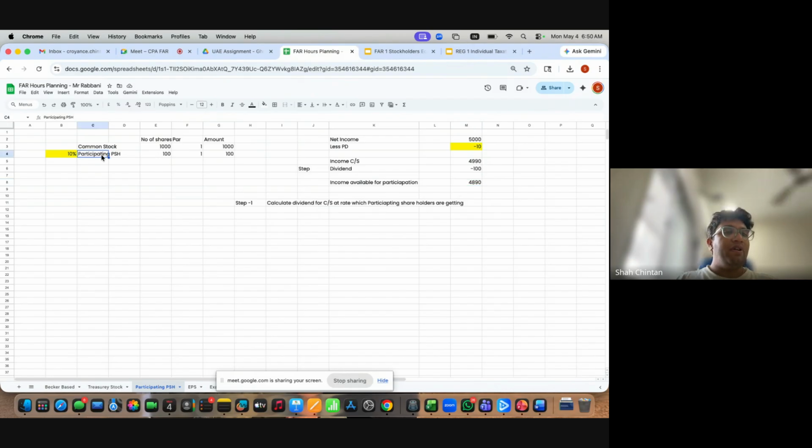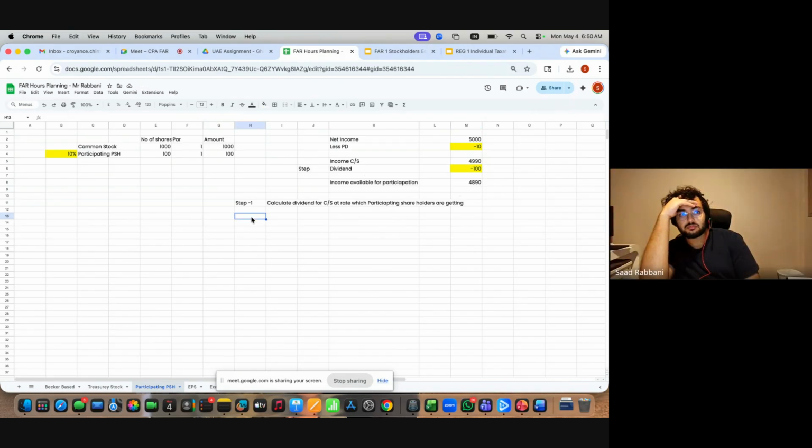Why दोनों का राइट है? Because this is a participating shareholder. They will also participate in the further income of the company. What is further income? दोनों को अपना अपना 10% डिविडेंड मिल गया. उसके बाद भी अगर इनकम बची है तो दोनों पार्टी इसको एंजॉय करेगी. This is the reason why we reduce a 10% dividend for the common shareholders. यहाँ तक clear है?